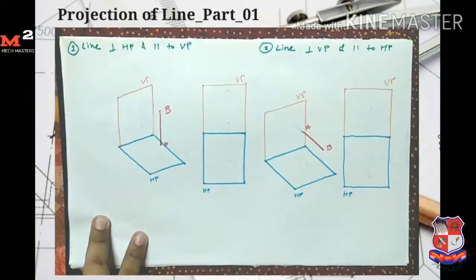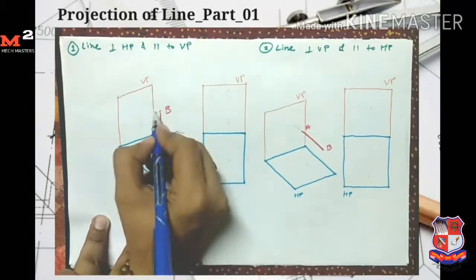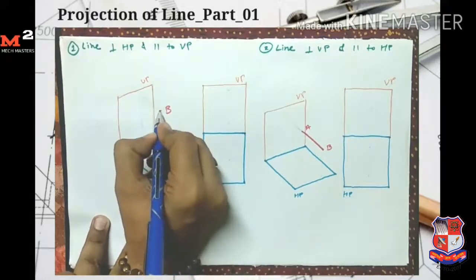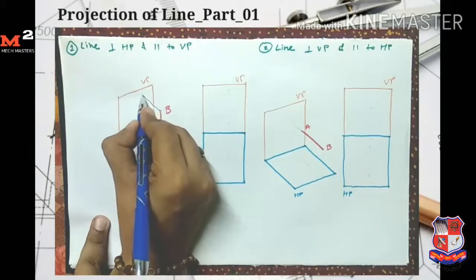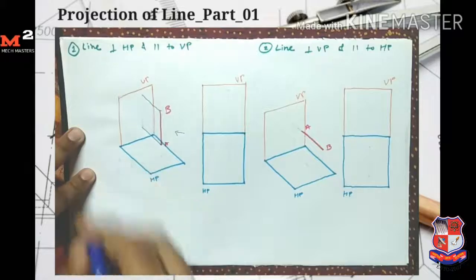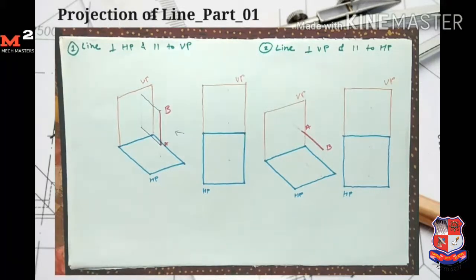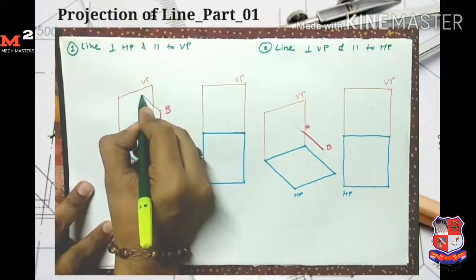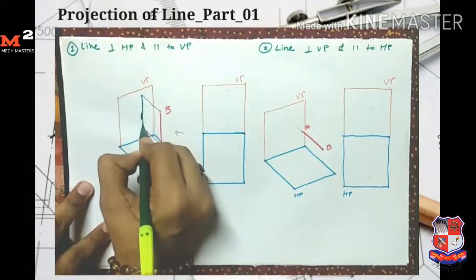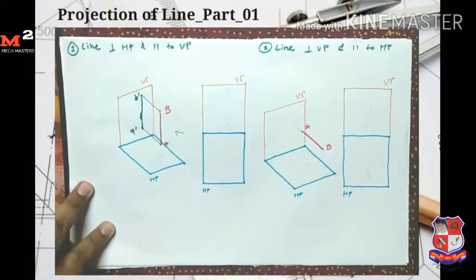Now for drawing the front view of this line, if I see from this side, I get its projection on the vertical plane here. So I get the front view on the vertical plane, and for the front view I give the name A dash B dash.